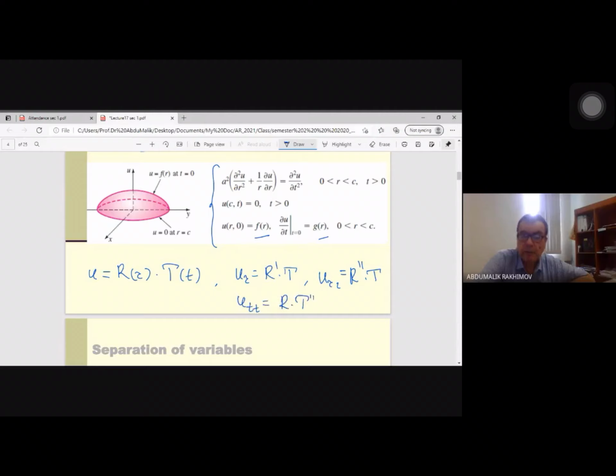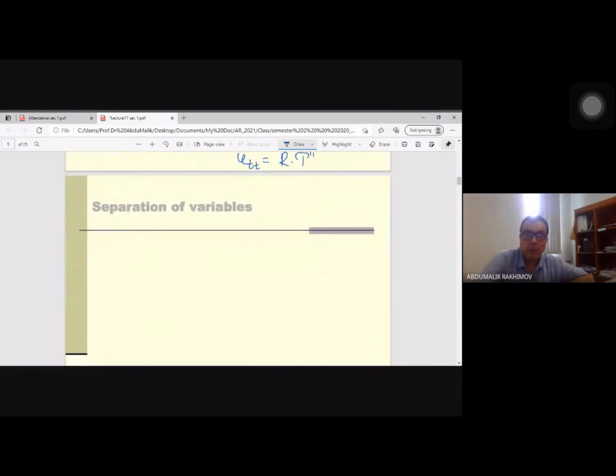Then we can substitute into the equation. Our equation u_tt, which is R times T double prime, is equal to a squared times u_rr, which is R double prime times T, plus 1 over r times u_r, which is R prime T. So this is my equation.